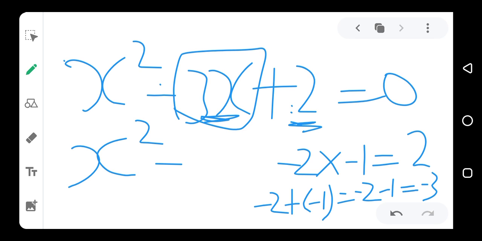We use the factors to replace 3x. We use the two of them to replace this minus 3x.